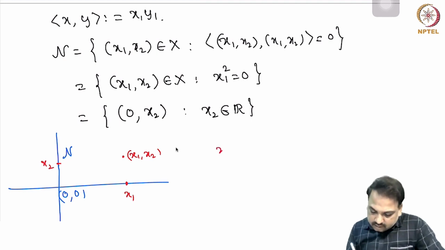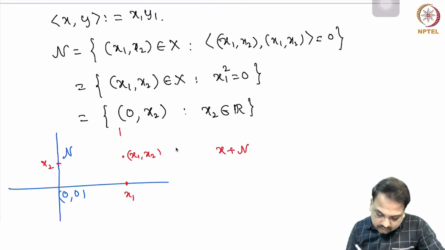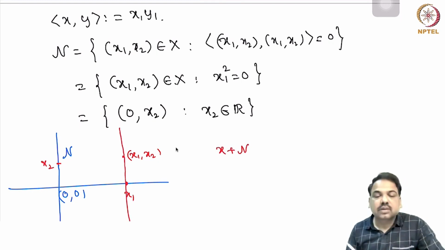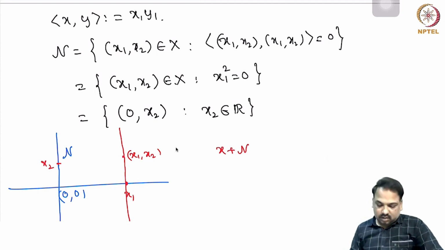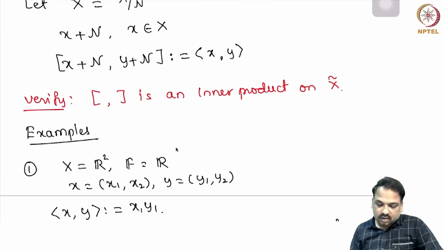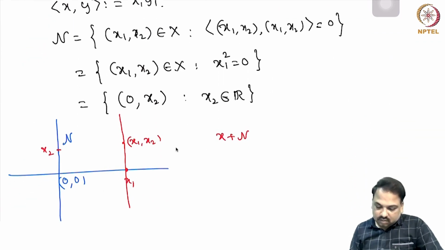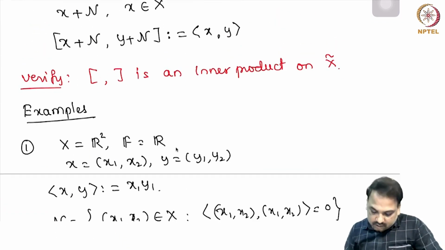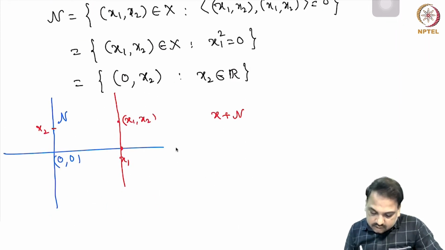Now x plus N is nothing but the line passing through x1, and now this is 0 if and only if x1 is 0. That means whenever it coincides with the y-axis, then this becomes a 0 element, and the inner product of any two such lines is given by the earlier equation like this.